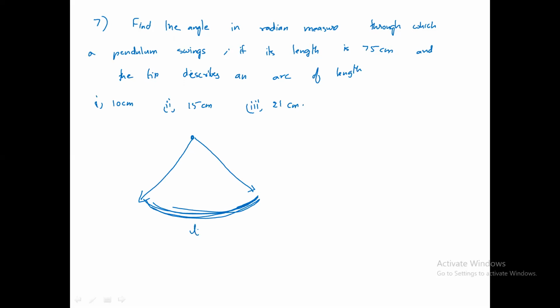The length of the arc, we will take it as L. And now this is looking actually like a sector of a circle. I did not draw the full circle. I have drawn only a sector of the circle. So this will be the radius of the circle.